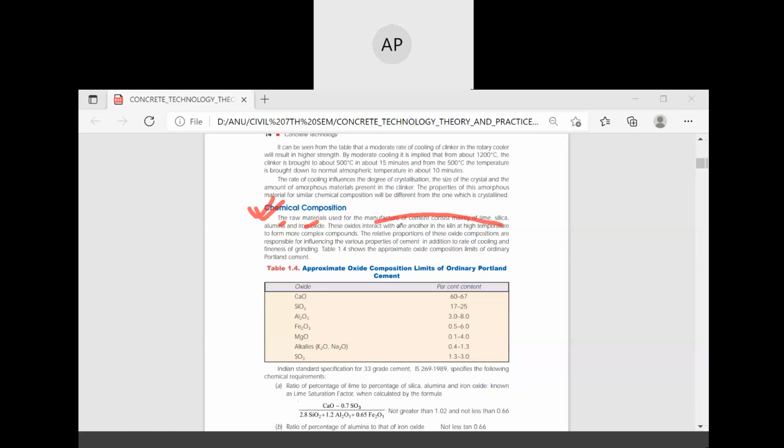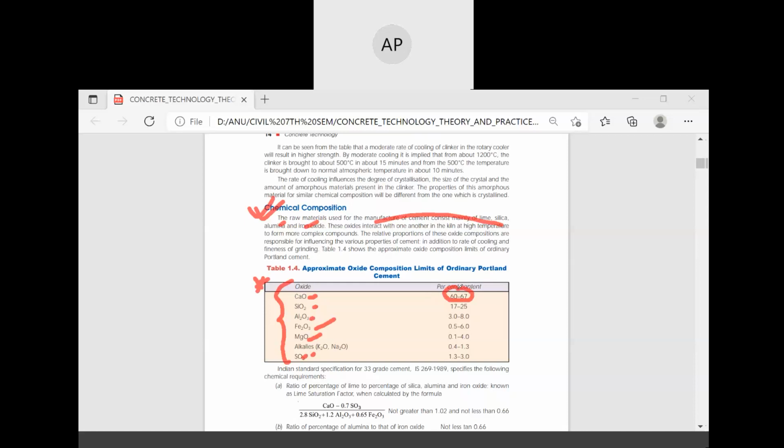Table 1.4 shows the approximate oxide composition. So these are the chemical composition of cement. This is very, very important. All of you, please remember what the composition of cement is: lime, silica, alumina, ferric oxide, magnesium oxide, alkalis, and SO3. And mostly about 60 to 67% it contains lime.